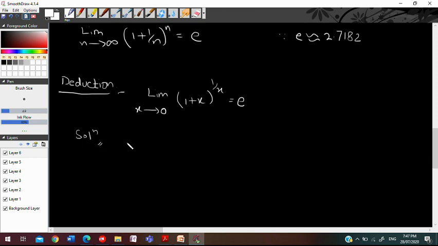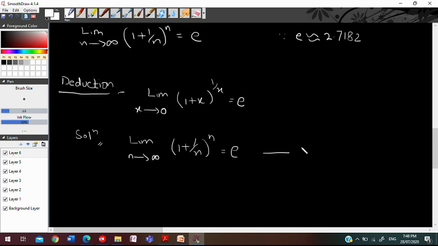limit n approaches, as we have done in the theorem statement, limit n approaches to infinity, (1 plus 1 by n) power n is equal to this e.